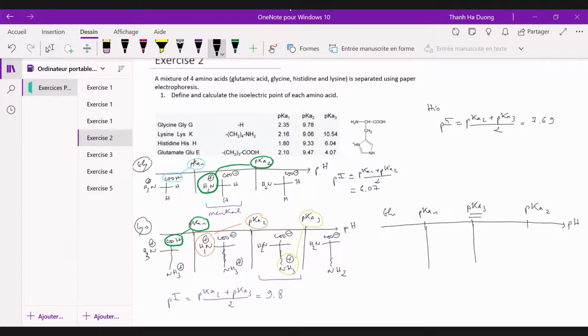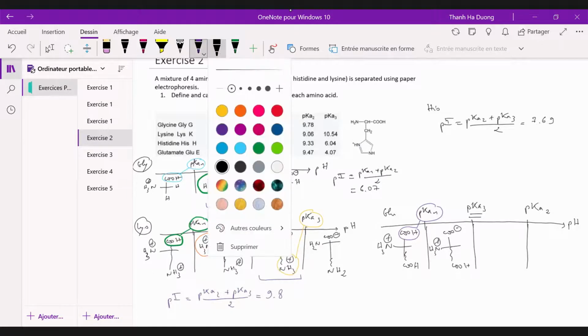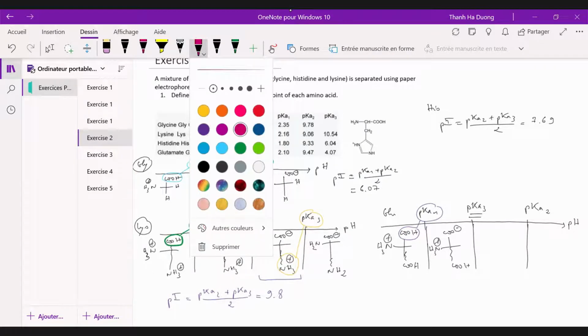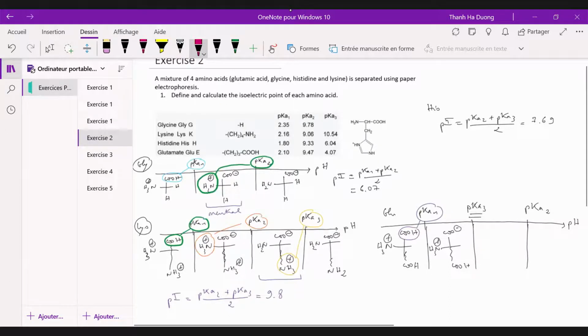At the beginning, all the functions are protonated. pKa1 corresponds to this function, so I deprotonate this function. pKa3 corresponds to this function, the carboxylate group of the side chain.